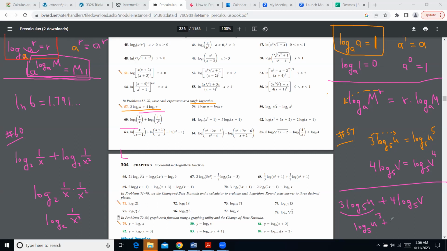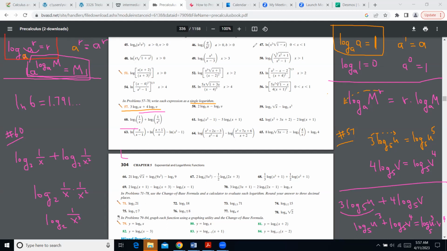And the second is going to be logarithm base 5 of v to the power of 4. Why do you need this? Because then you can utilize the fact that we can put this as a single logarithm of base 5. We can just multiply u cube by v to the 4th and get the answer.